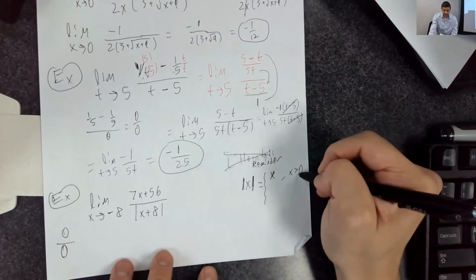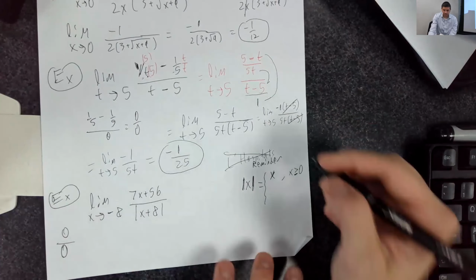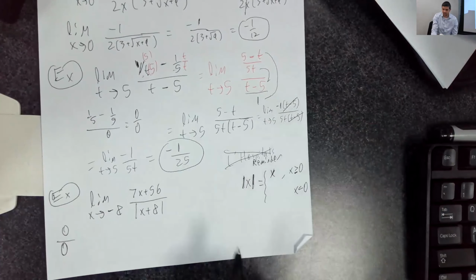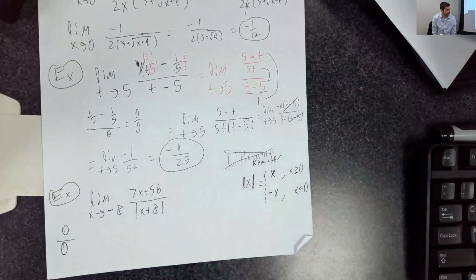If x is greater than or equal to 0, absolute values don't do anything. Absolute values make things positive. But if x is negative, in order to make a negative number positive, you have to take negative x.